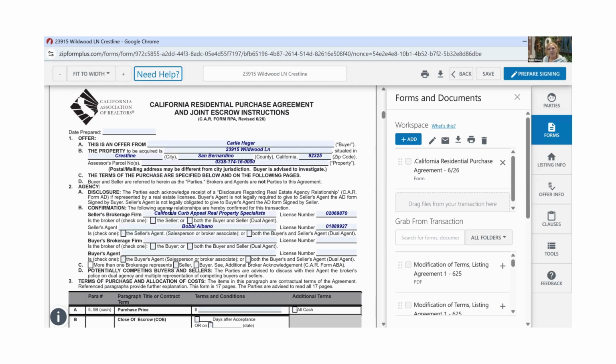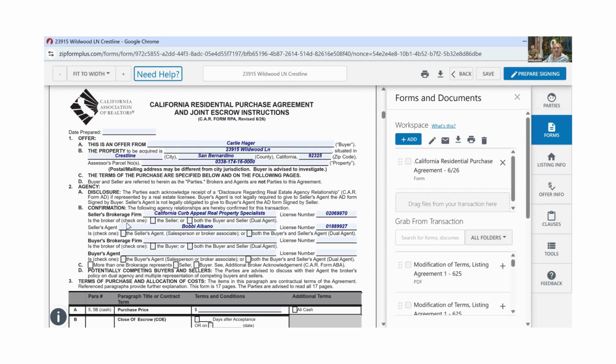Confirmation. The following agency relationships are hereby confirmed for this transaction. You have to be very careful to check these boxes. The seller's brokerage firm, you want to put that in there, license number.